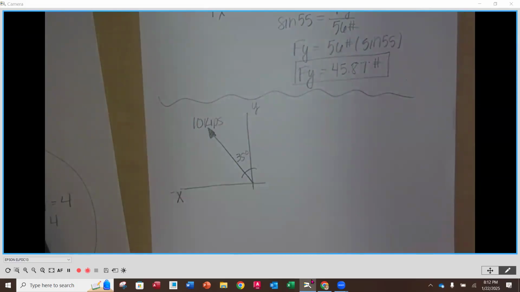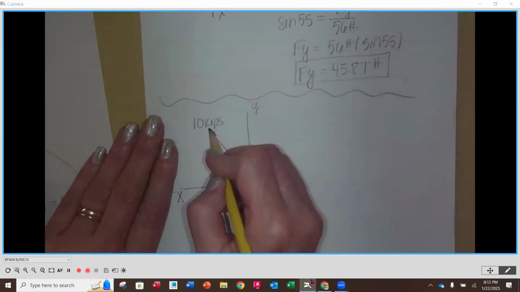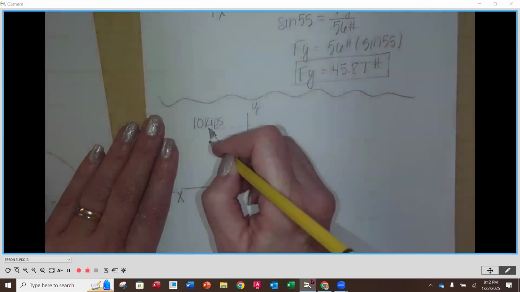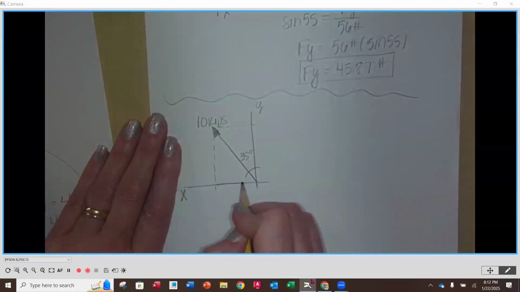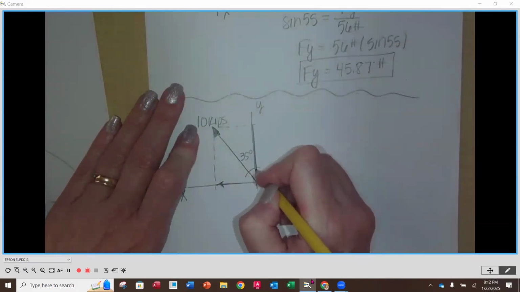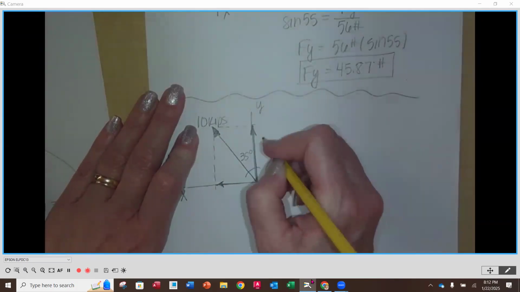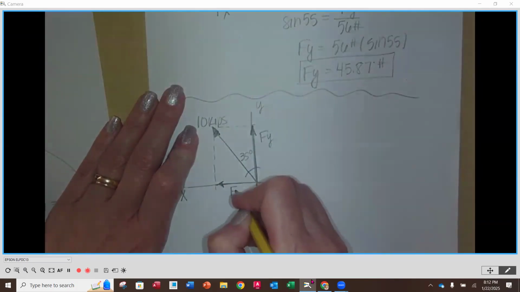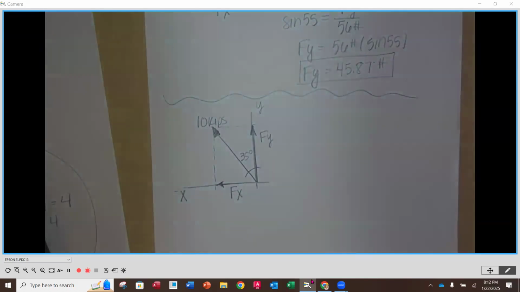So go ahead and draw your X and Y components on the X and Y axis, and label them. It's like we did above. Hopefully you're showing them on the X and Y axis as we see here.